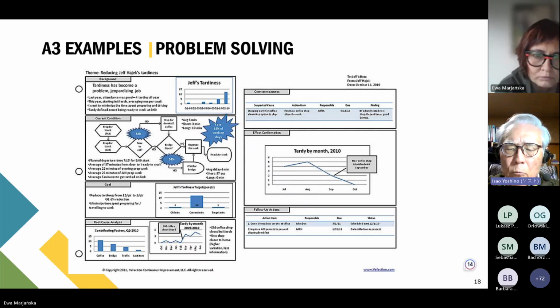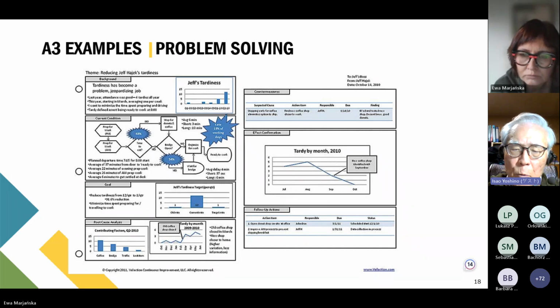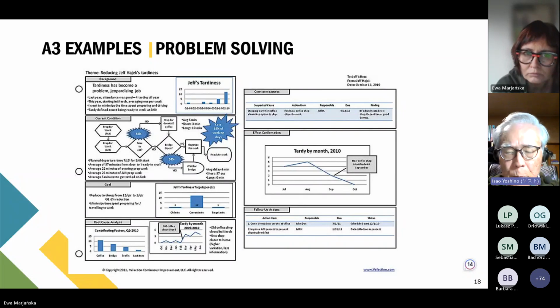So in an A3 report, sometimes you put key information in the graphs. It's easy to understand. Using too many sentences sometimes makes the listener confused, because it's not easy to understand what the purpose is.